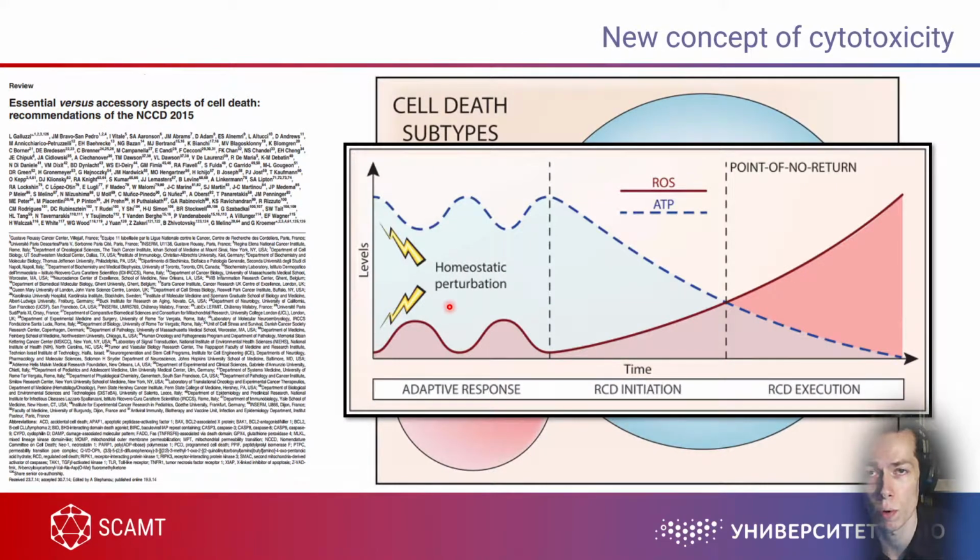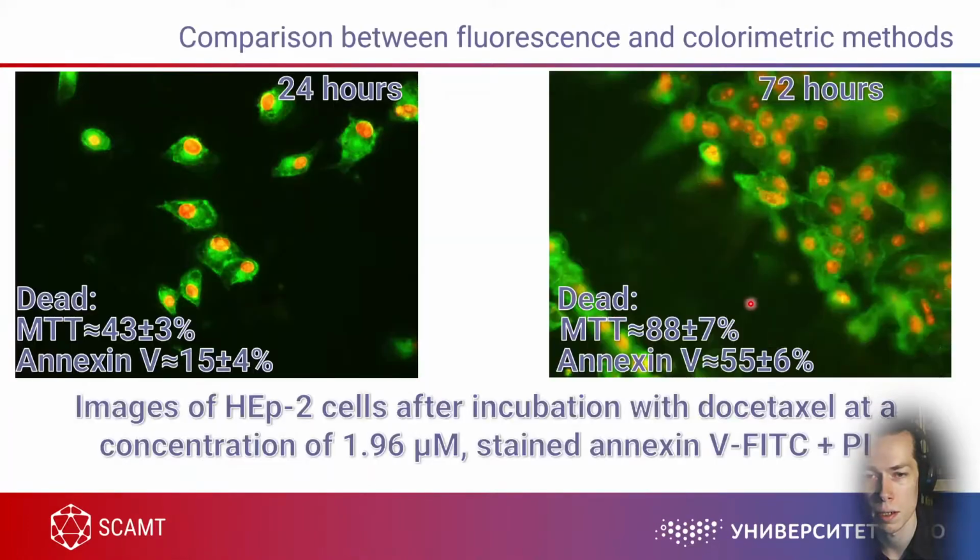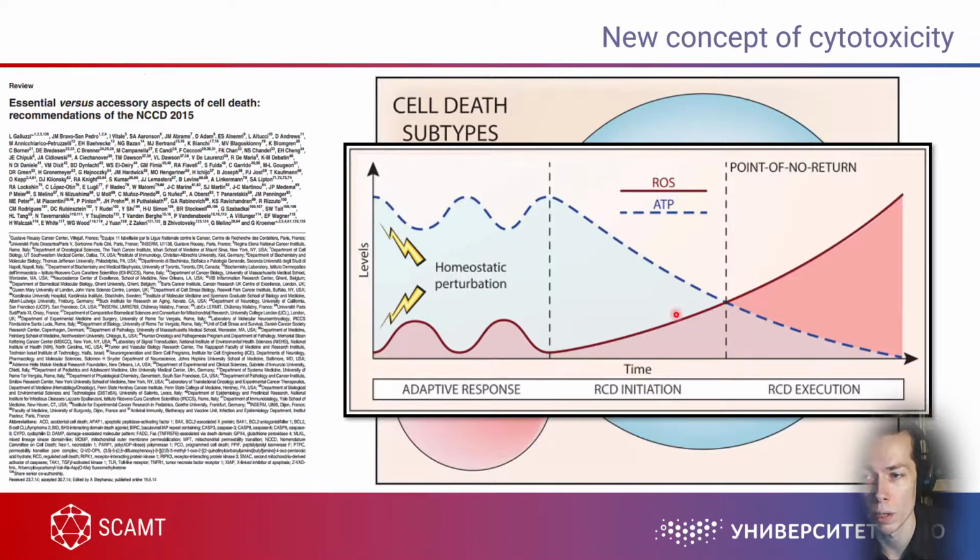Because we need to look at this plot. According to the MTT assay, we have a lot of cells, for example, somewhere on this path. So the viability is decreasing, but these cells are not dying. It's just a decrease in viability. Probably some of the cells, 15% of the cells, are already past the point of no return.